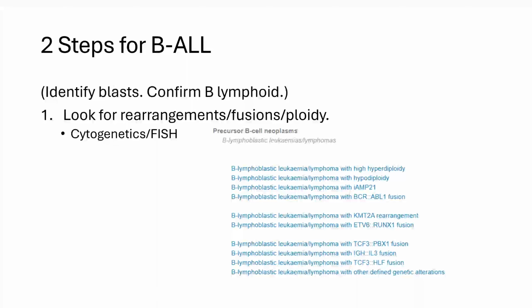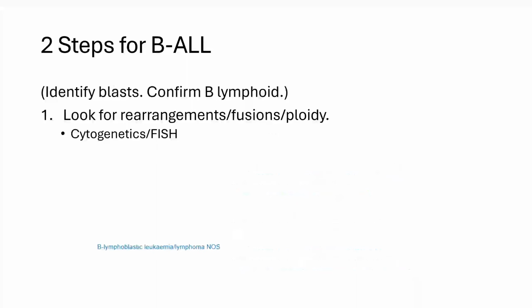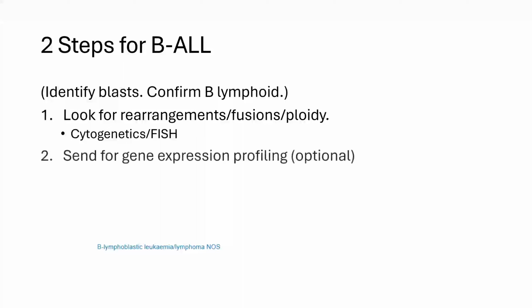If our report does not match up with any of these specific categories, the category of B lymphoblastic leukemia lymphoma NOS is available. However, there is another step that we can take. That is send for gene expression profiling.